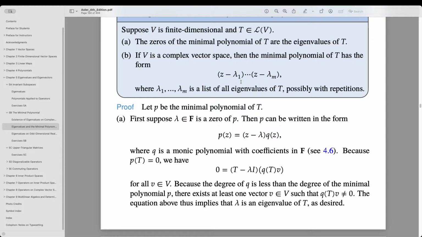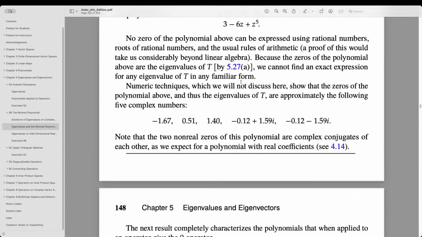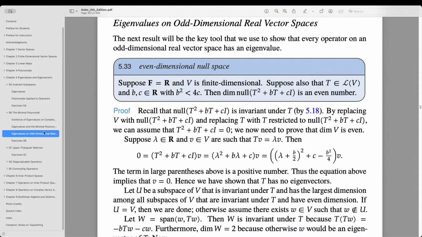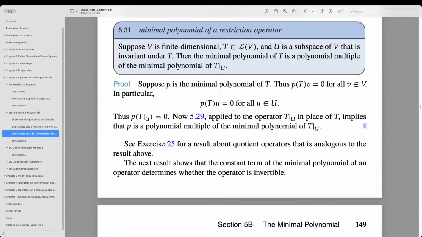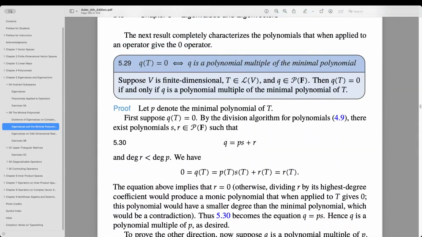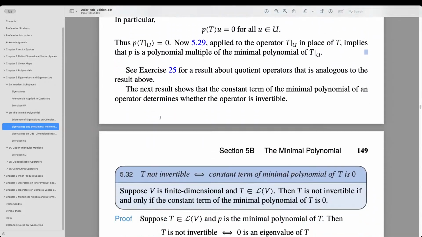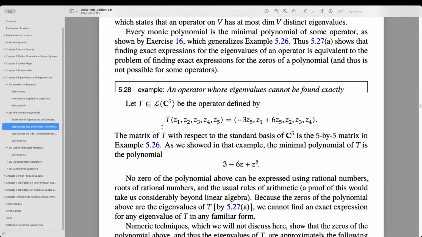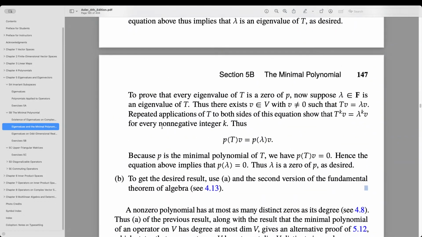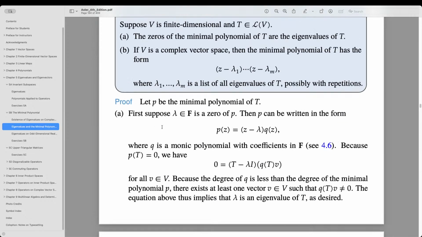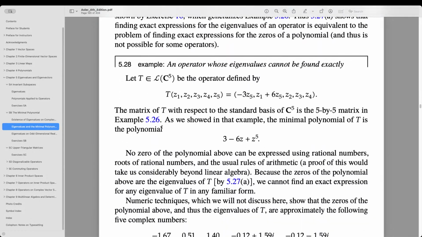Should we prove that? Does anyone want to see any of these proofs, or do you want to call it for today? We can go ahead and finish off here, then we'll go through some more results. Do you want to go through a few more of these and then we can stop? I think everyone's dying.